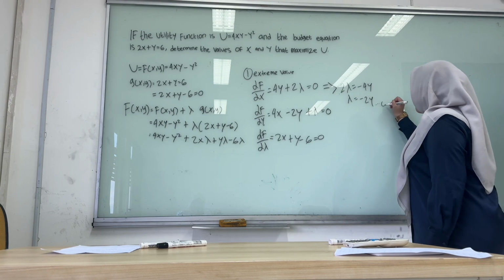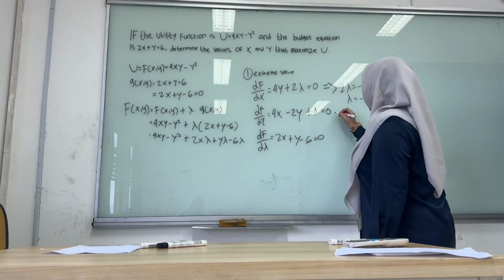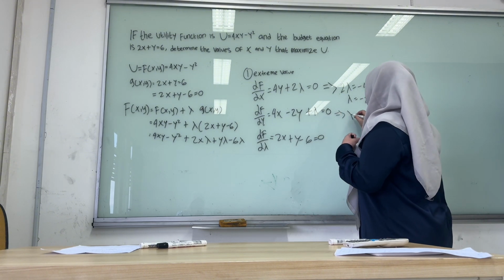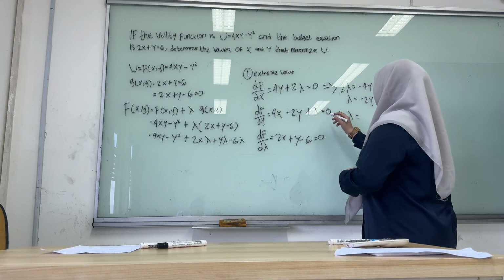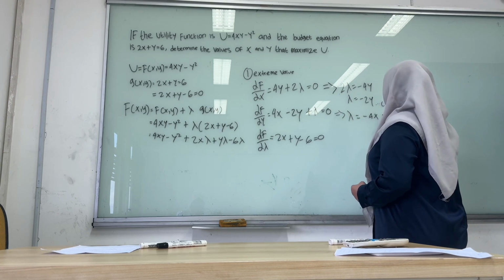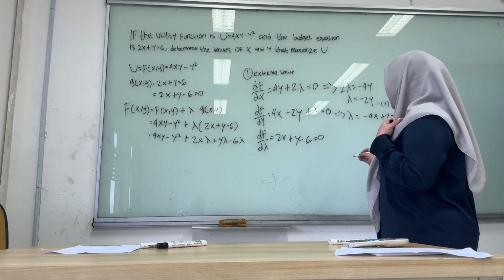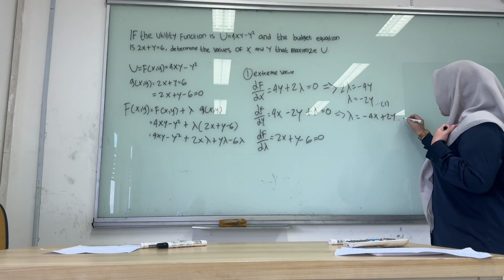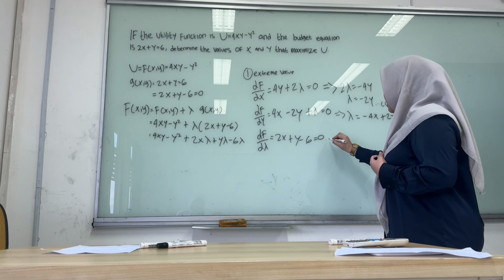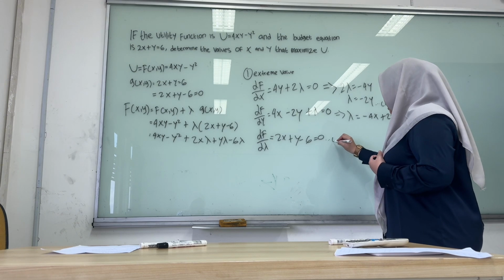This is the first equation. And then for this, lambda, the same. So lambda is minus 4x plus 2y. This is the second equation. And this is the third equation.